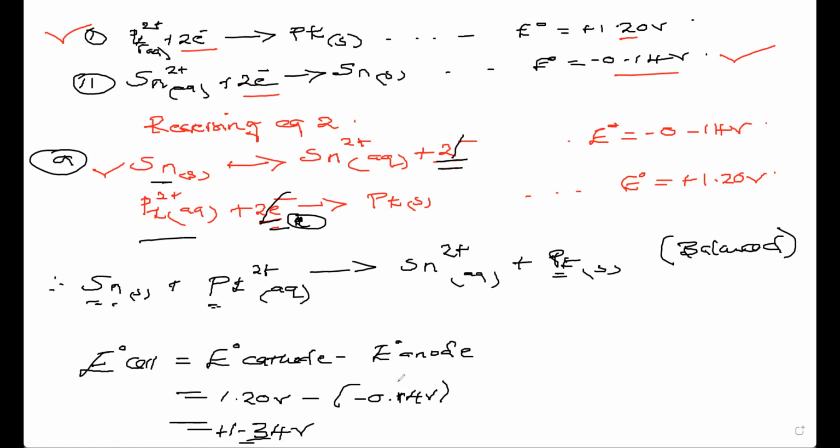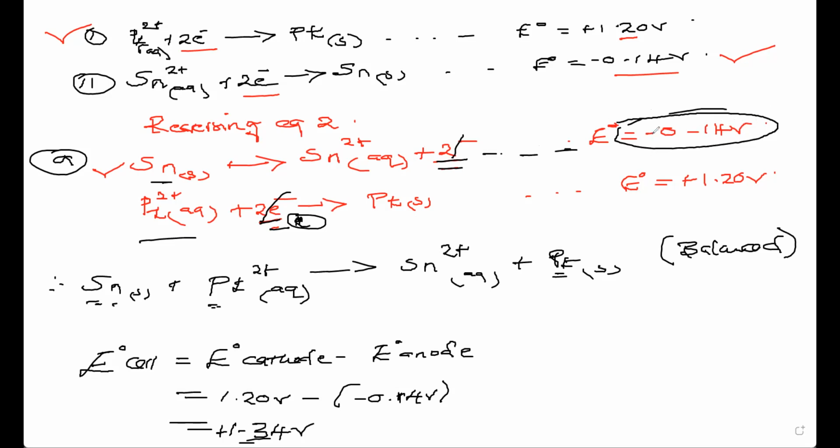Is that okay? Yeah. All right. Now, here is the thing. Some tutors or lecturers will say, when you reverse this reaction, like the way we reversed this reaction here, the sign of this also changes, right? That's what I say.